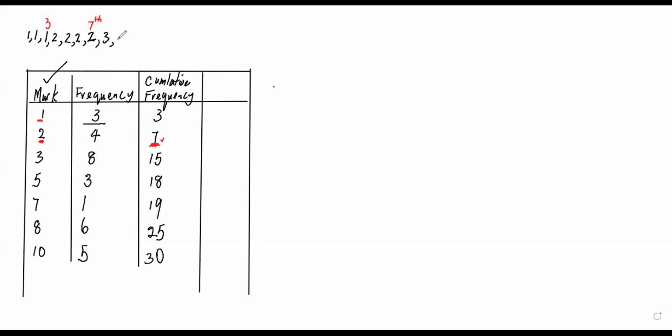How many 3s? 8, sir. 1, 2, 3, 4, 5, 6, 7, 8. So if I count all this, 1, 2, 3, up to 15. Ta-da! So this is 15 here.